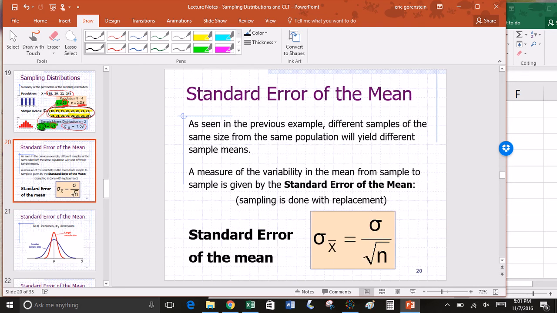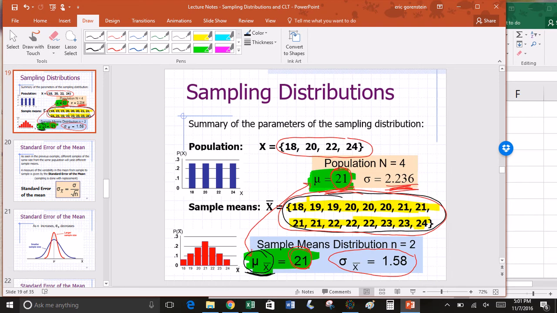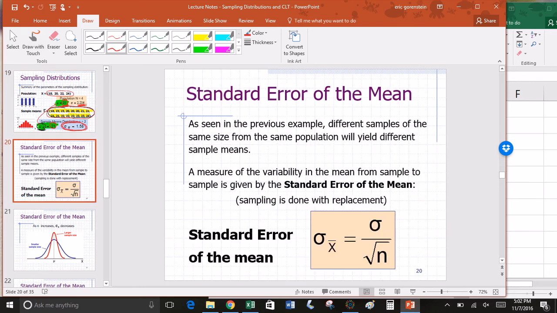So the standard error, this guy over here, sigma sub x bar, the standard error of the means, is going to be equal to the population standard deviation divided by the square root of the sample size. This is called the standard error of the mean, and you would expect less variation for larger sample sizes.